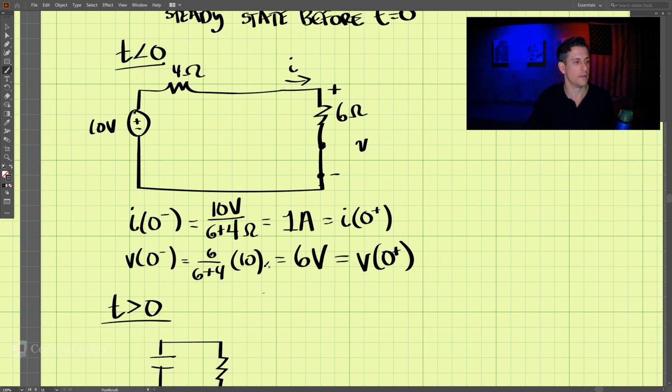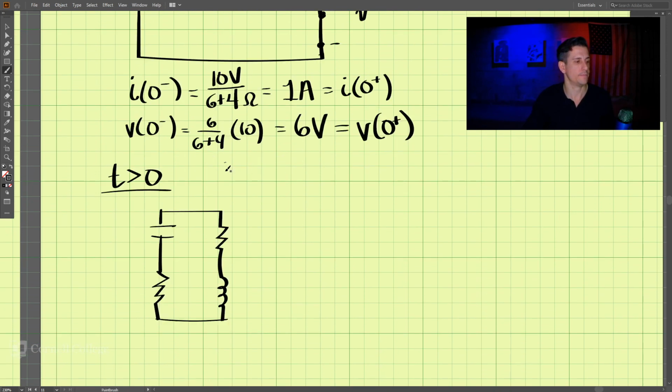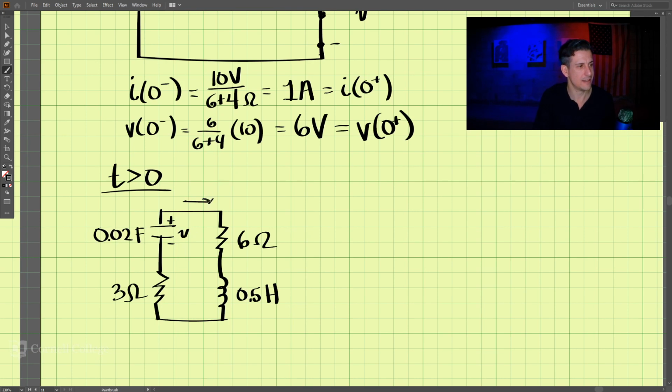This is 6 ohms, 0.5 Henry. This over here is 3 ohms, and then 0.02 farad here. And this is our voltage, and we have I here.